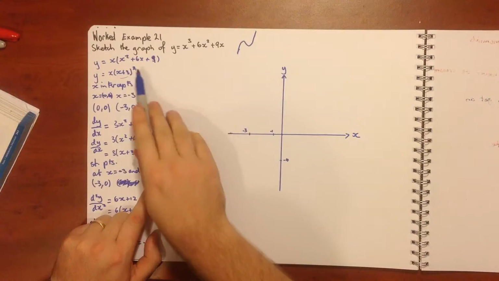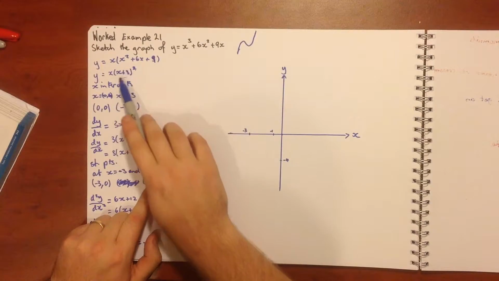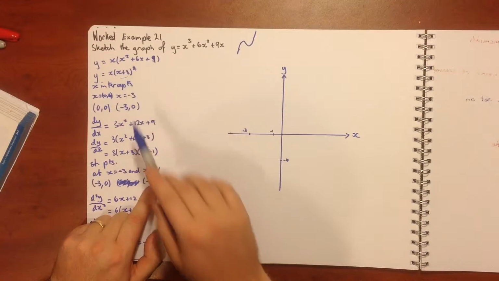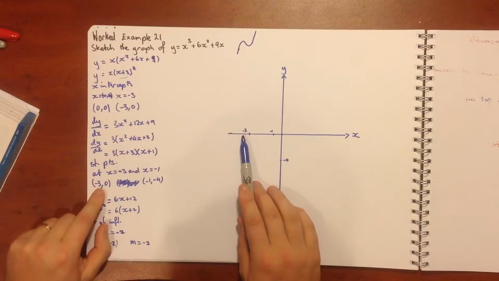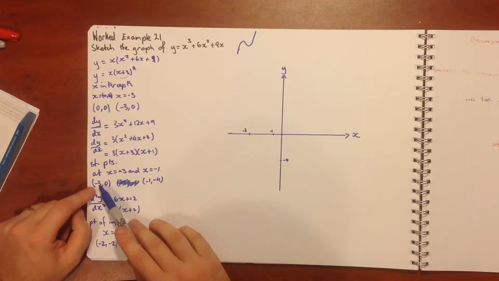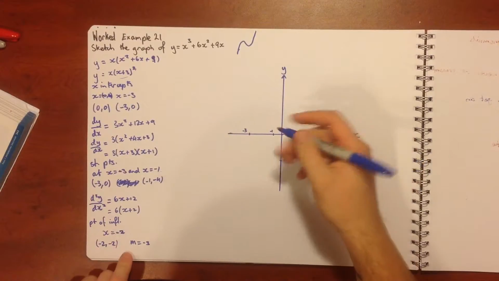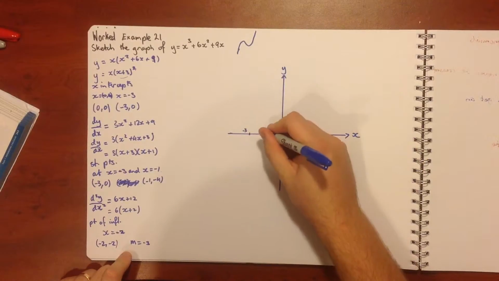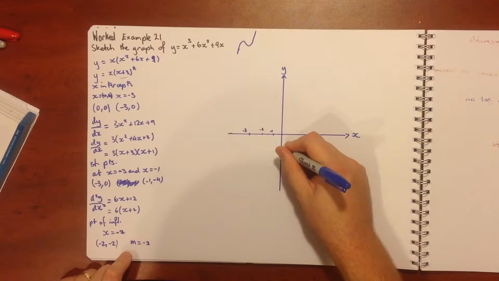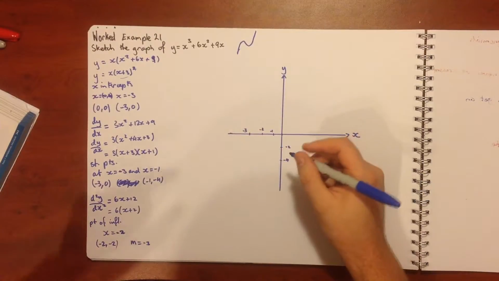As we said earlier, we knew this one was a turning point because of the squared term. That's been confirmed here, saying that we have a turning point here. And we know our point of inflection is at (-2, -2). Now that's not going to matter too much.